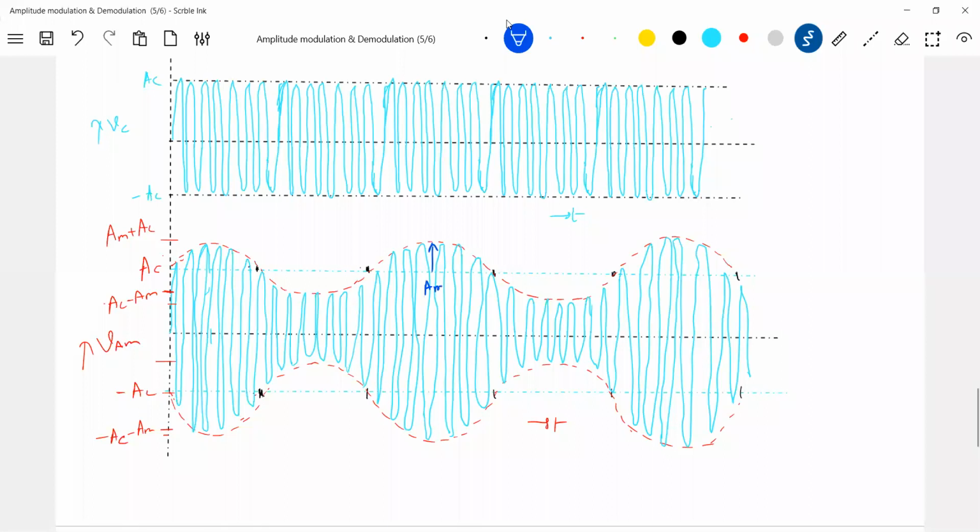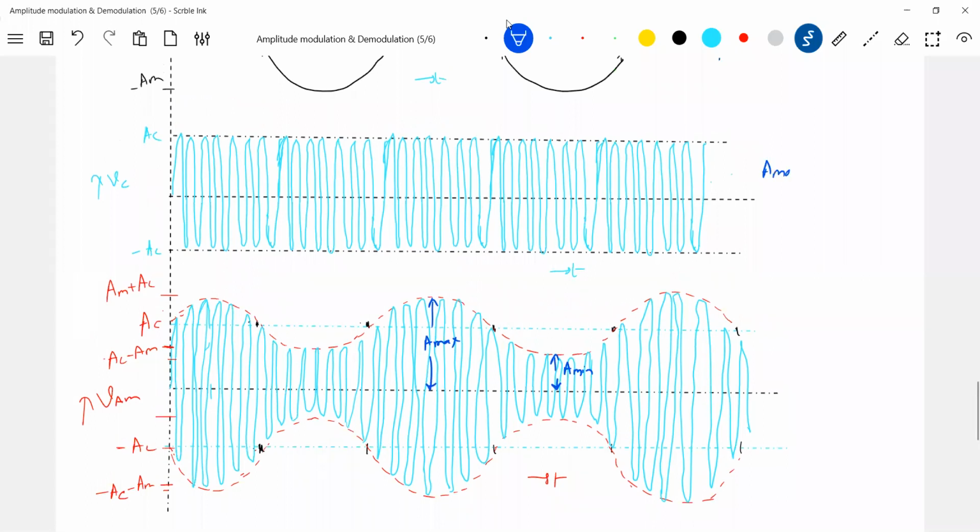So shall we take this as A max, and the minimum is this one. And the modulation index, how did we define it? AM by AC. Looking at the graph, A max should be AM plus AC. I'll derive it near the diagram only. And what is A minimum? AC minus AM.